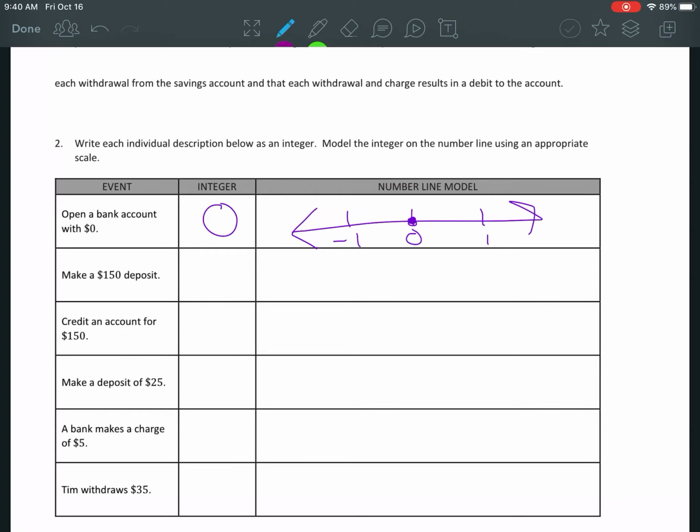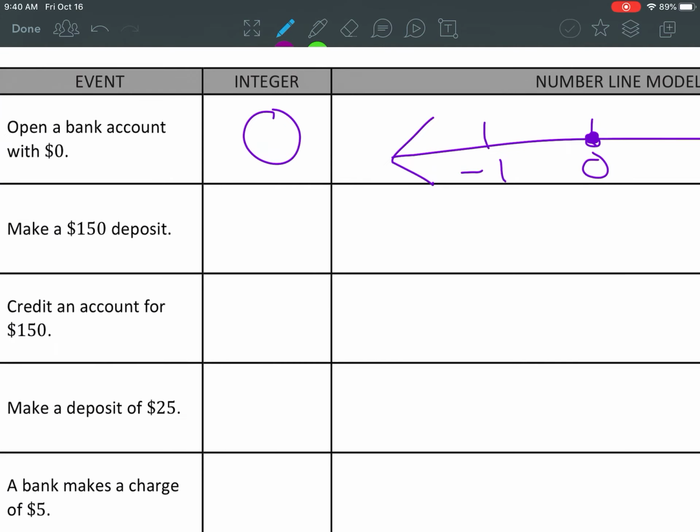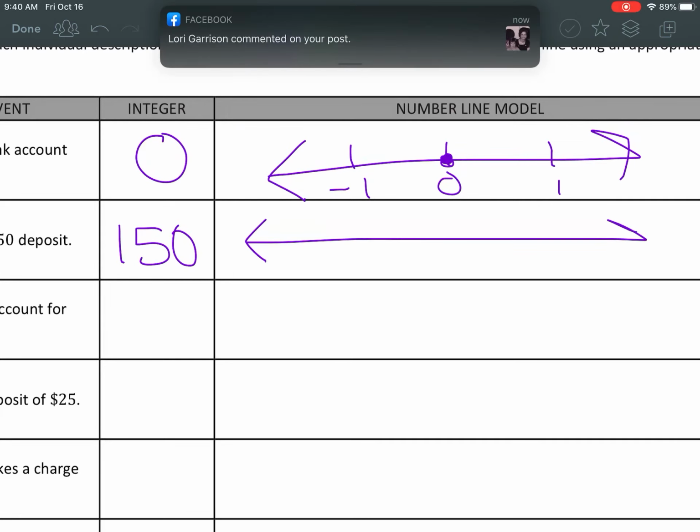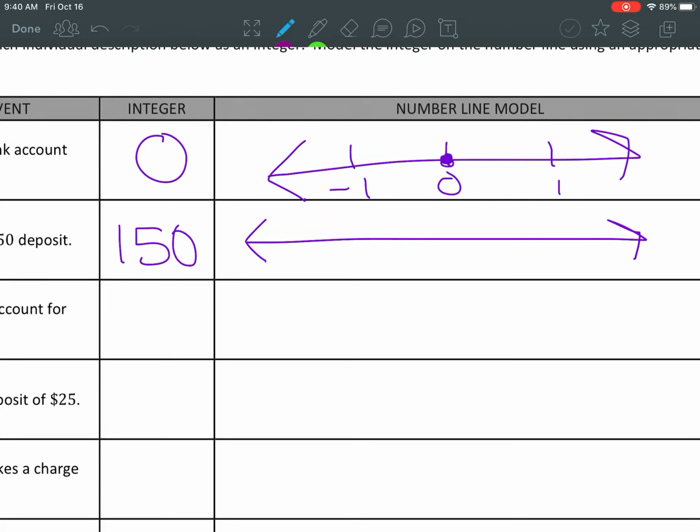Make a $150 deposit. So on that previous side, I said that deposit was a positive number. So I would just write 150. And we'd have 50, 100, 150.